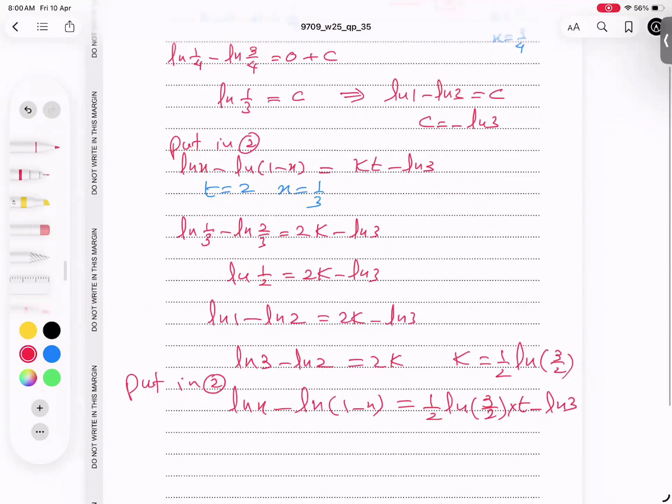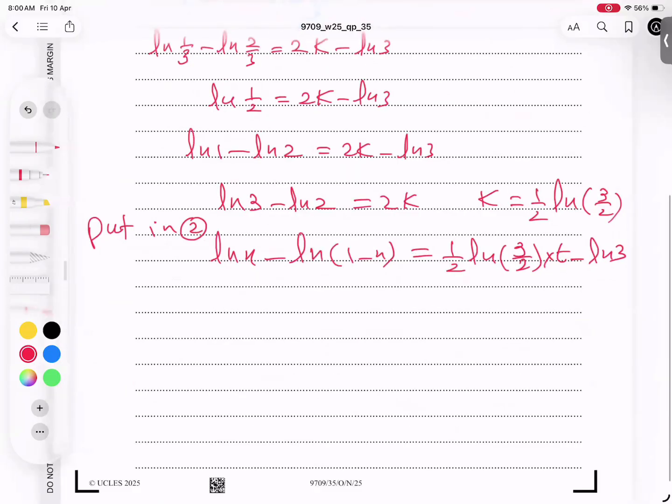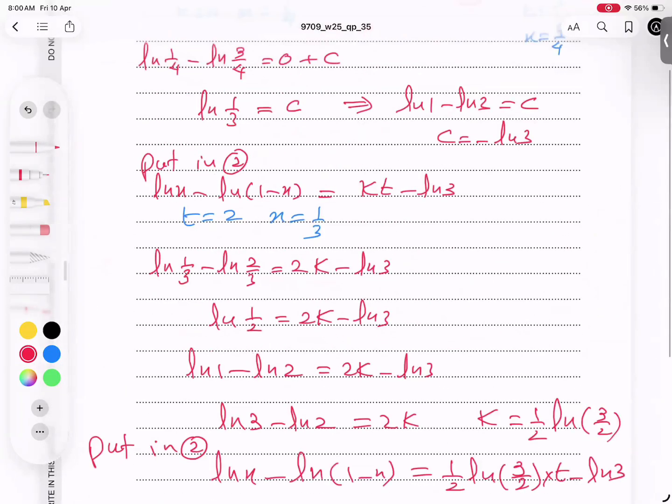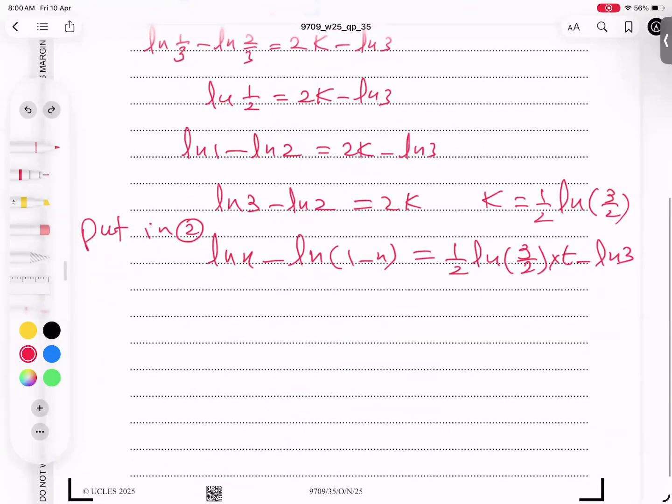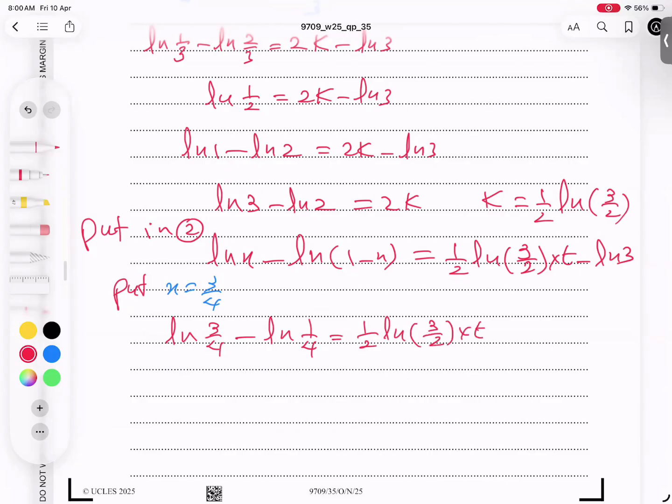So final expression, I got it, alhamdulillah. But now what we have to do, replace x with 3 by 4 and try to get t value. So I'm going to put x value 3/4. So when I place 3/4 here and 1 minus 3/4 gives us 1/4. So half log of 3 by 2 times 2t.